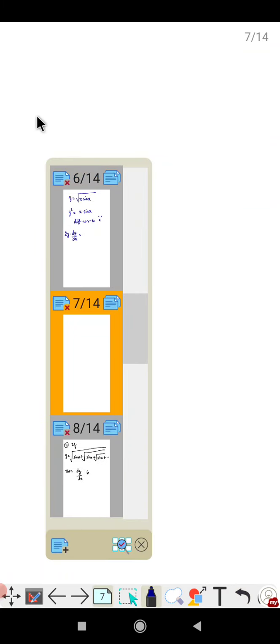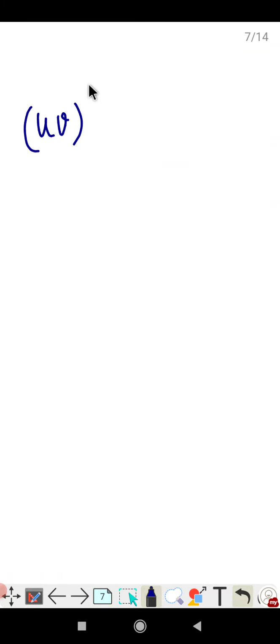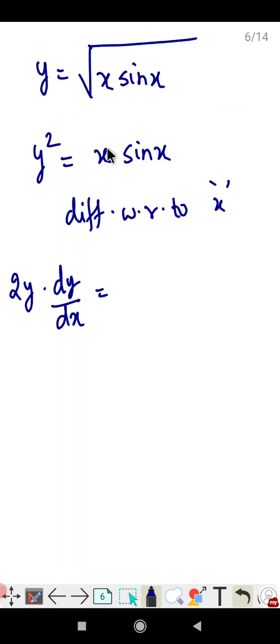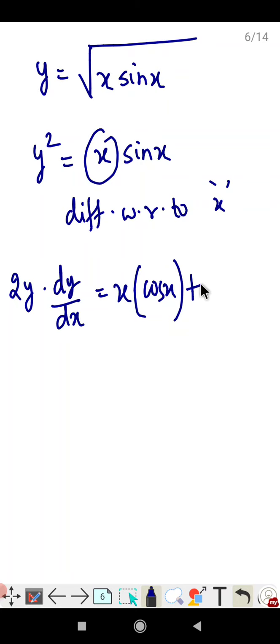What is uv formula? Differentiation of uv will give us u dash v plus u v dash. We keep the first function as it is and differentiate the next function. Differentiation of sin x is cos x, plus what I kept in the previous one I have to differentiate now, and what I differentiated in the previous one I have to keep now.